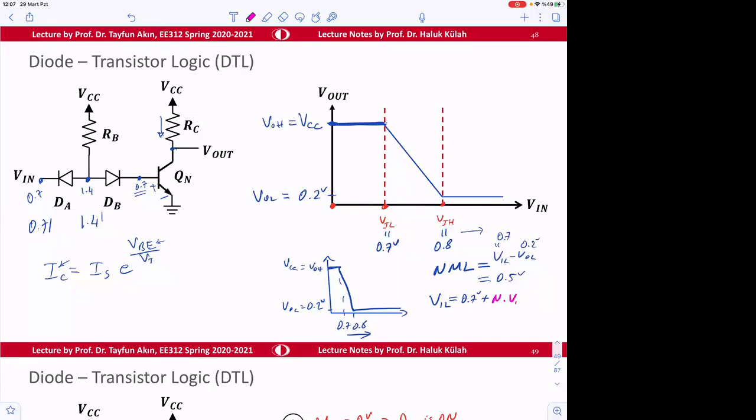N times V diode. By putting a diode here, okay, so N is 2 here.